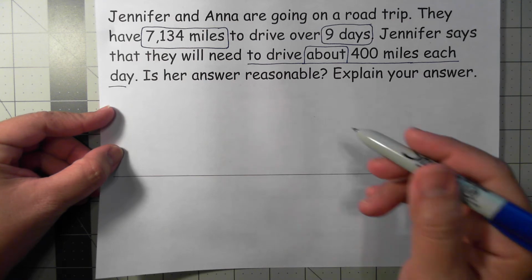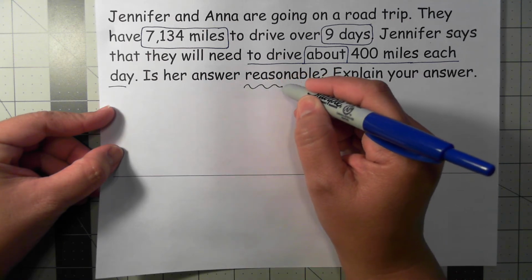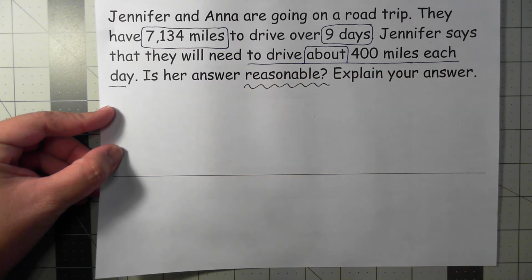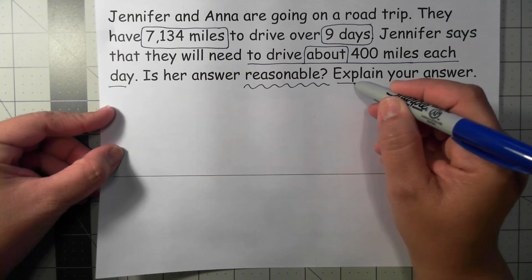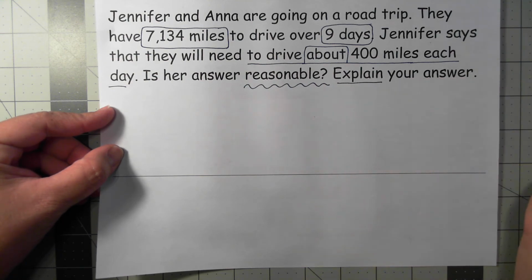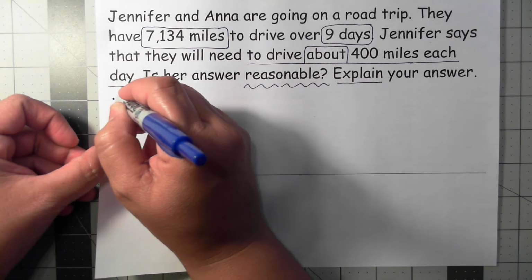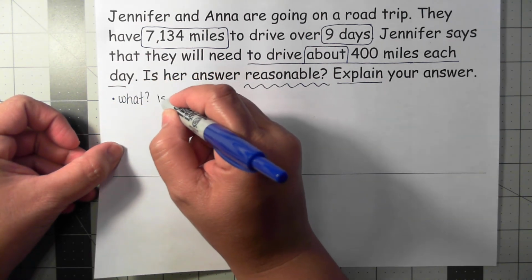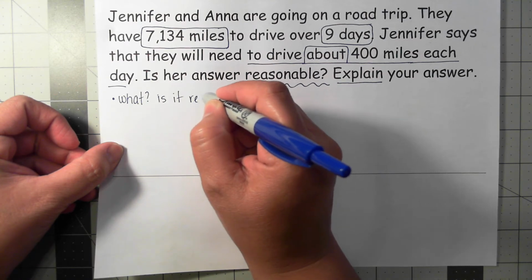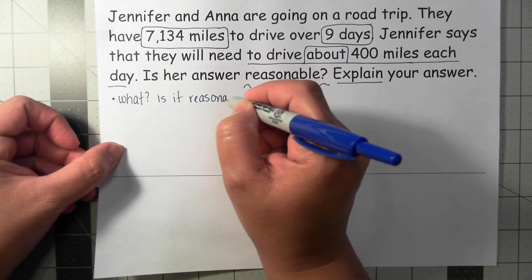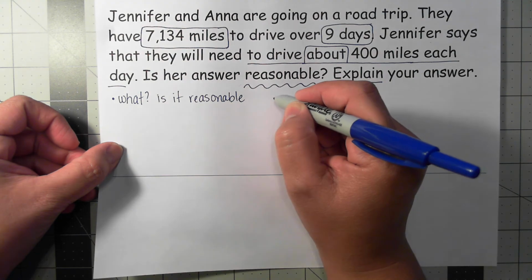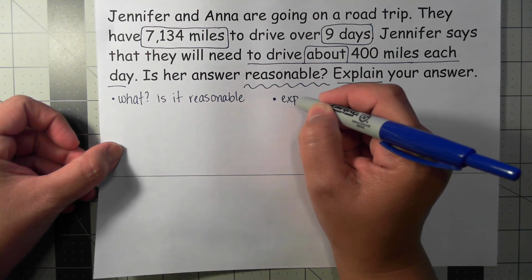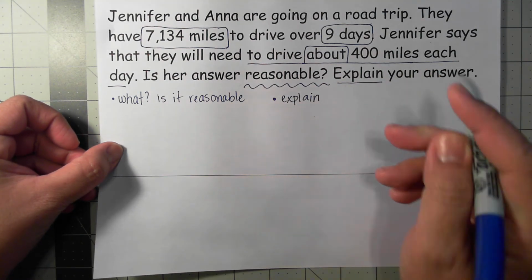We're being asked to take a look at how reasonable this estimate is because of the word about. And then we're being asked to explain what it is that we're thinking. So, what are the tasks? What is the what? Is it reasonable? And explain. So those are my two tasks at hand.